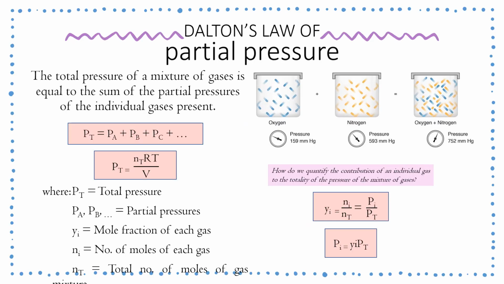Let's move on to Dalton's law of partial pressure. Our previous examples only pertain to individual gases. In the ideal gas law that we discussed, we talked about it as an individual gas.